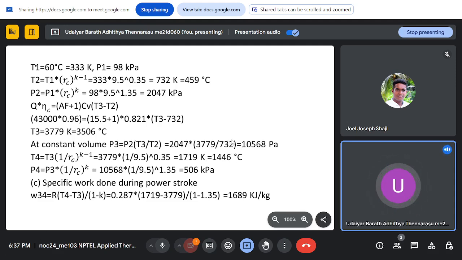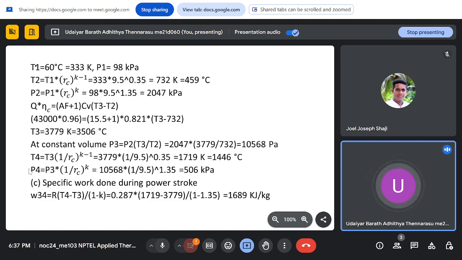Now similarly, 3 to 4 is a reversible adiabatic process, so we can express it in terms of pressure and volume, PV raised to power gamma. P4 becomes P3 into V3 by V4 raised to power gamma.